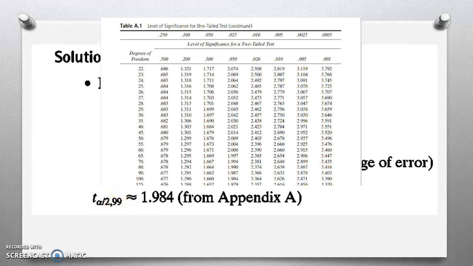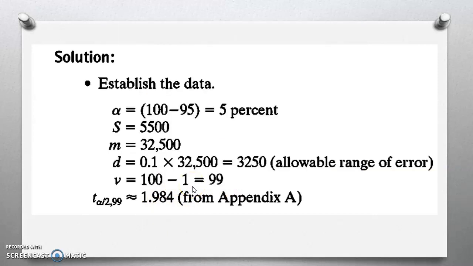There's no value for 99, so it automatically falls on 100, and the upper part is 0.50, because in order to find the alpha, we need to subtract the confidence interval, which is 99, from 100. We have 1, and 1 over 2 is 0.50.